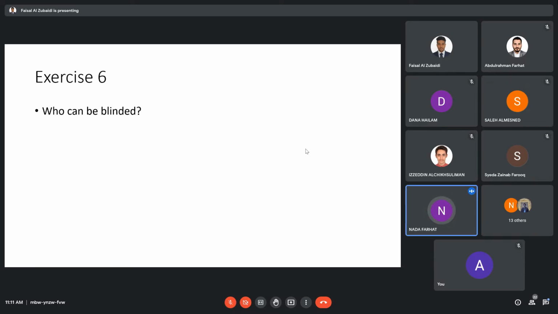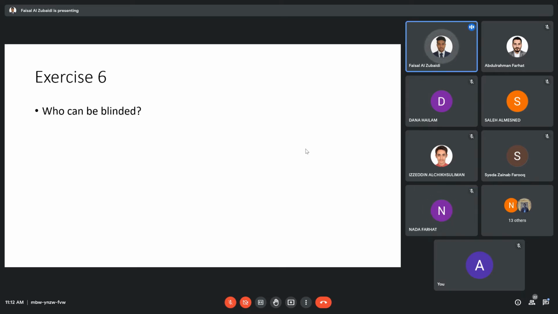We can blind the participant and the sample, and also sometimes the researcher himself can be blinded. So by the researcher, you mean the one who will conduct the study or the one who will assist the patient or analyze the data eventually? I think the researcher is the one who will give the placebo and the intervention.